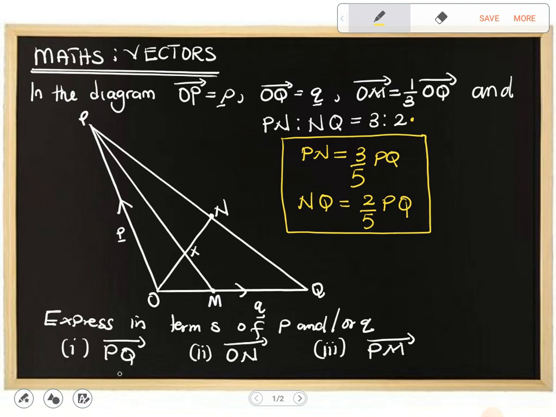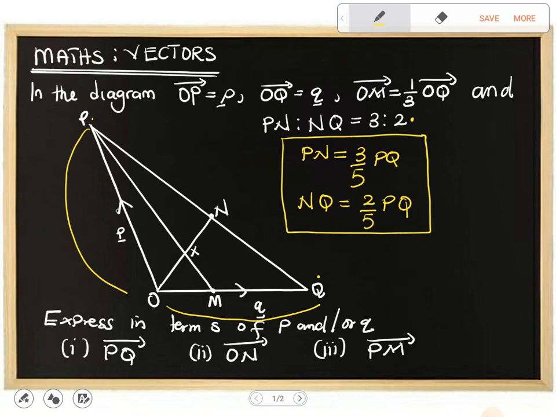Take only 2 steps. So for me to move from P to Q, I can take this route plus this route here. You agree, right? Which will be PO plus OQ. But look, how is PO moving?